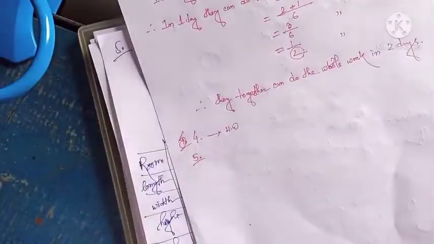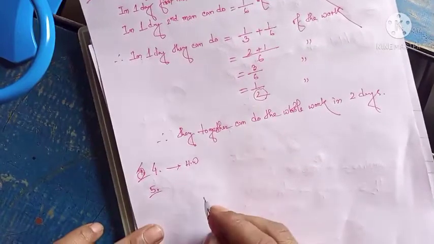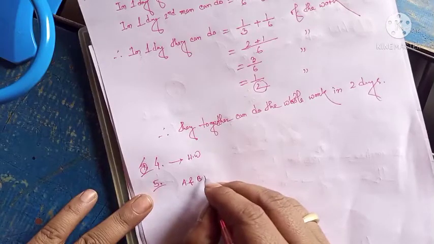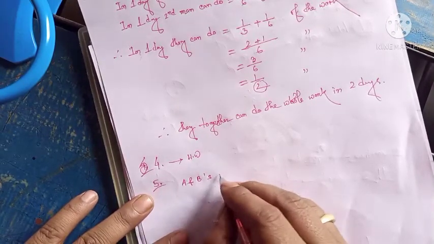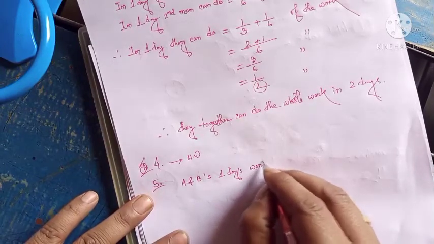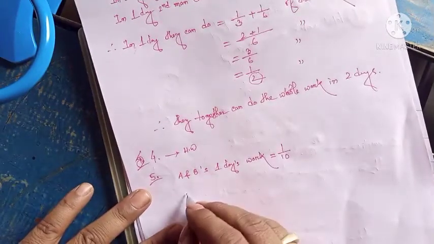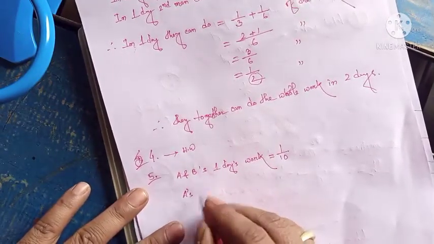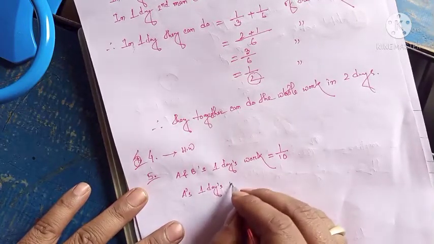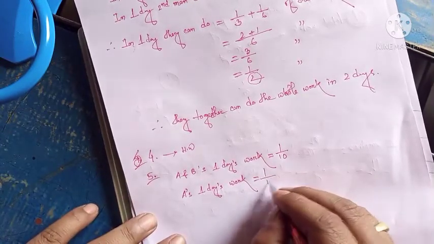Okay, so the first thing is A and B's 1 day's work is 1 by 10, and A's 1 day's work is 1 by 15.